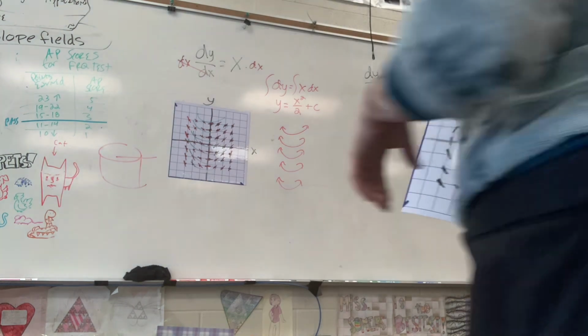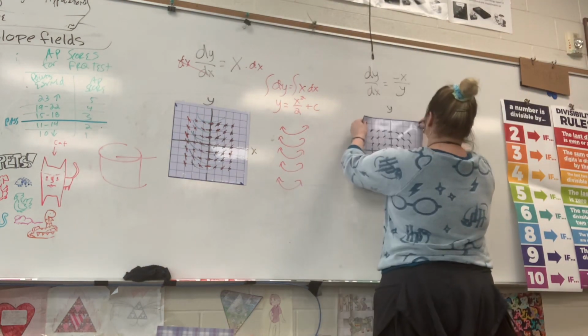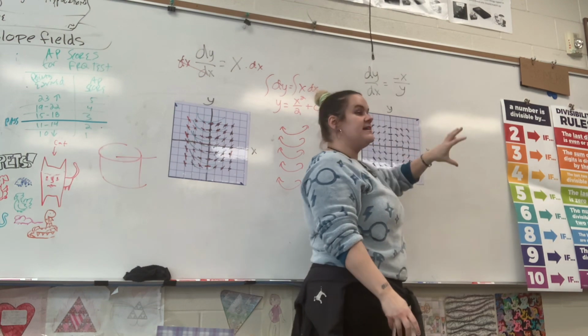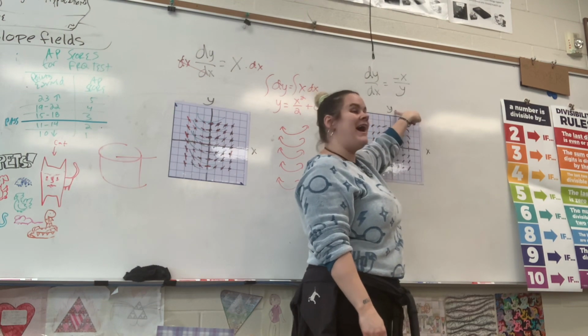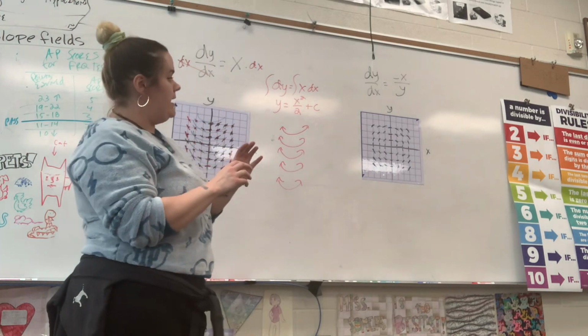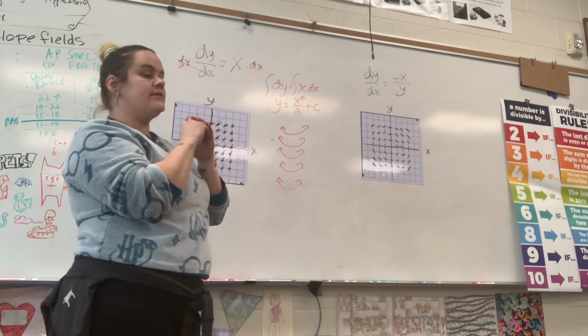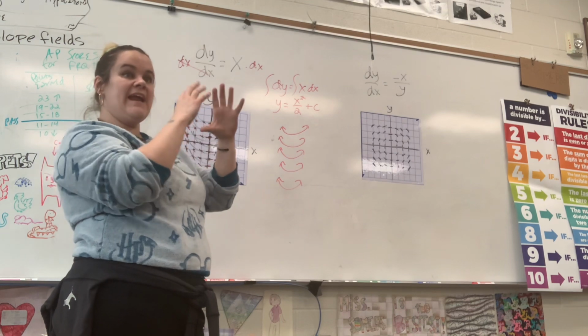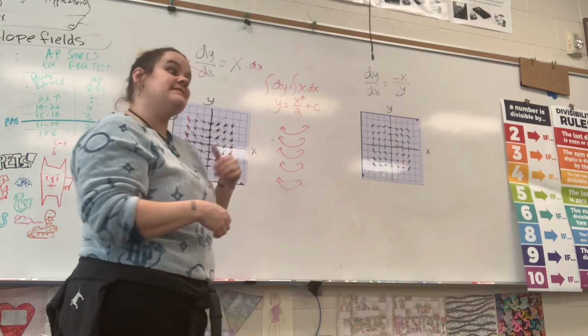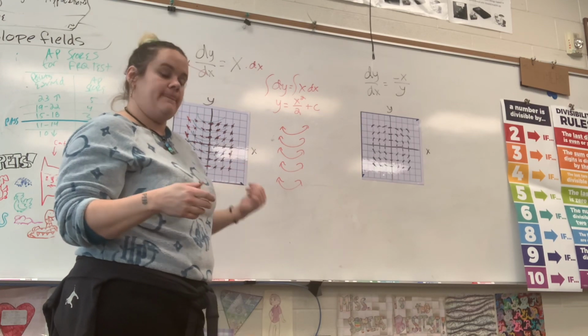Okay, so again, notice that I used slopes to make a sketch of my y equation, and if I look at it, it's a circle centered at 0, 0, with the radius changing. Now let's go through what we did last class and see if we get a circle equation.